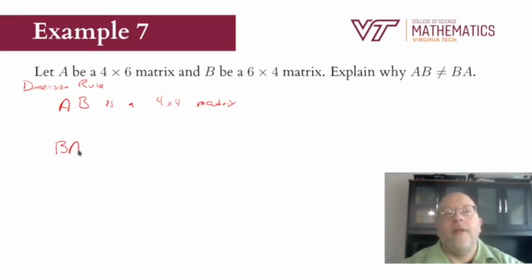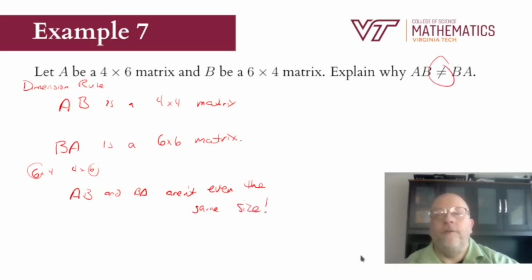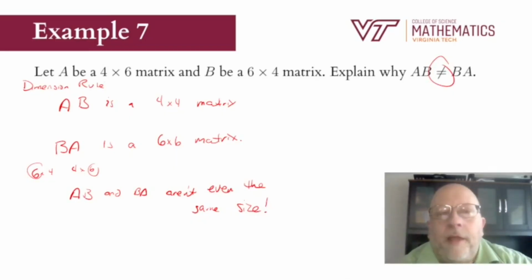But if we do B times A, that's a 6 by 4 matrix times a 4 by 6 matrix, and now the outer numbers are 6 by 6. So this time AB and BA aren't even the same size, and so they're definitely not equal to each other.